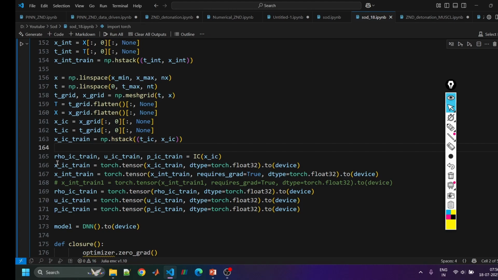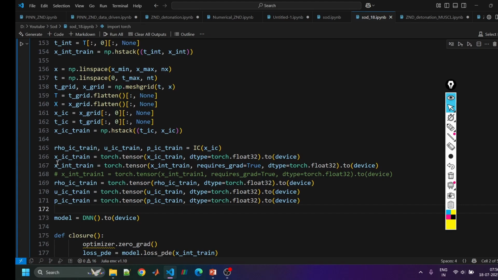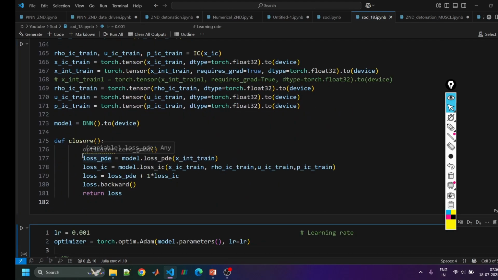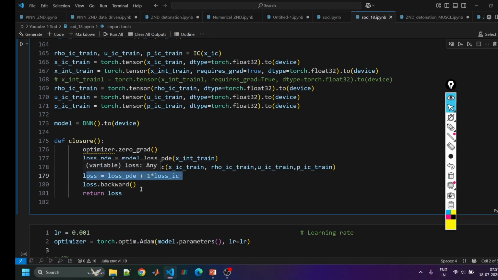That may reduce the number of points, but I prefer uniform points. You can also try adaptive collocation grids or adaptive grids. That will also reduce the computational cost. This is the closure equation. This is the loss function, and we are calculating the gradient of the loss here.